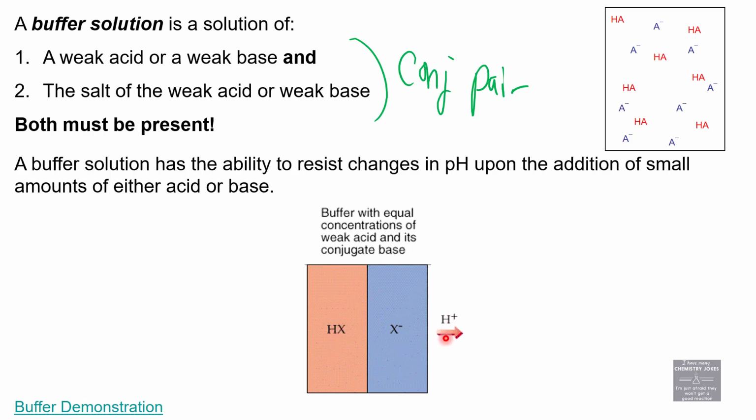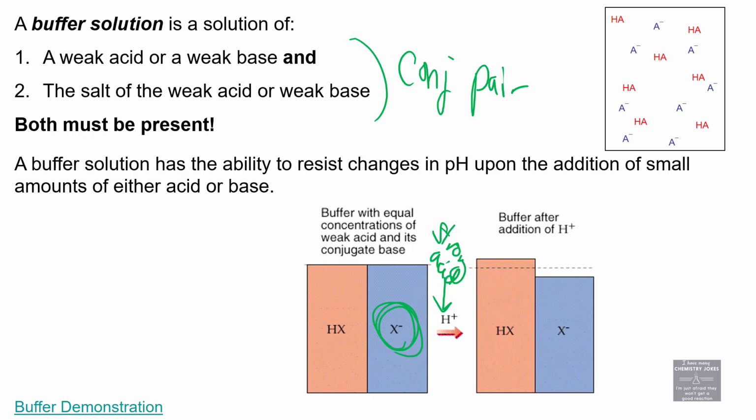If you add strong acid to that buffer, does that strong acid react with the HX or the X- in your buffer solution? Acids react with bases, so it means that the H+ you add is going to react with some X- in solution, that A- in solution, depends on how you want to say it.